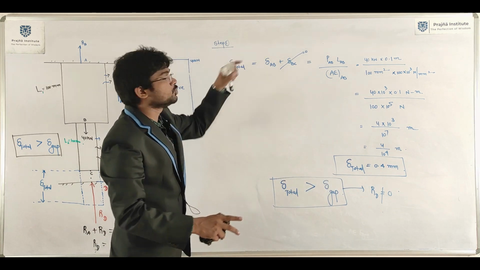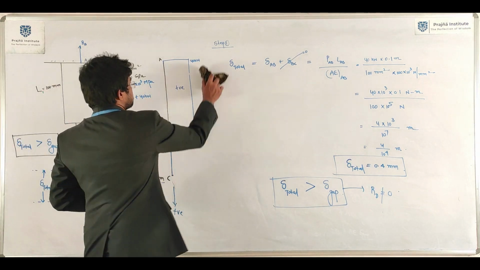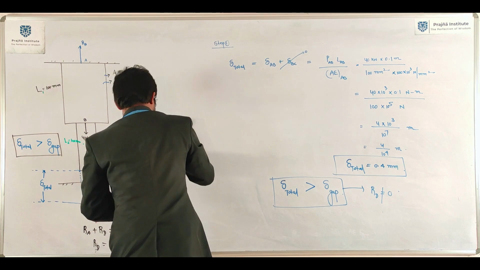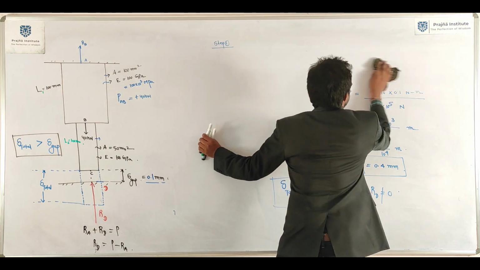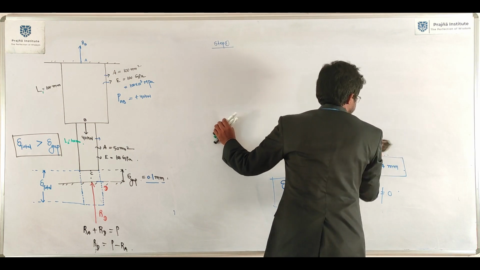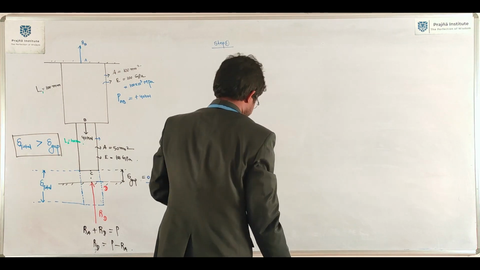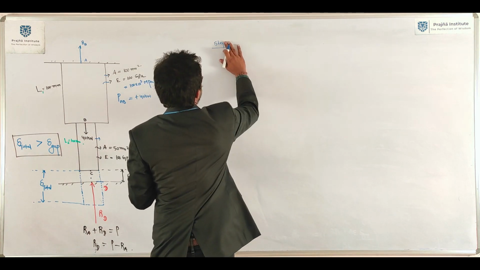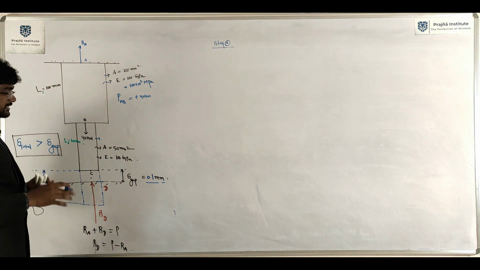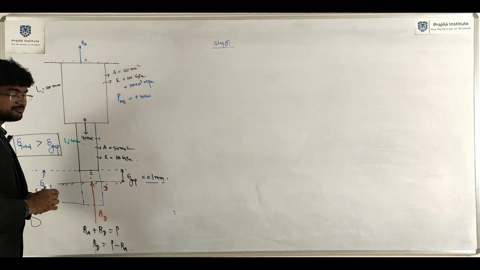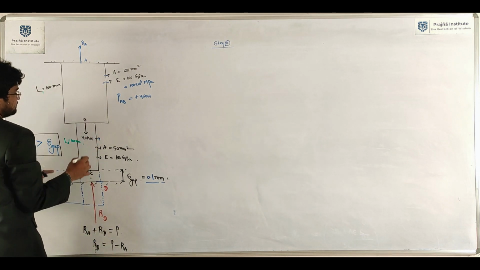Now, step 2, the procedure to determine support reactions. Here RA and RD both exist. Delta gap is given. Now RD is equal to how much?